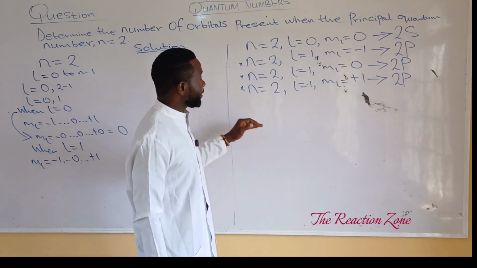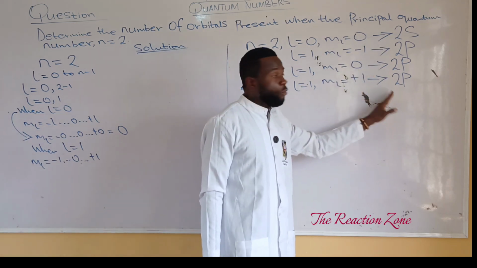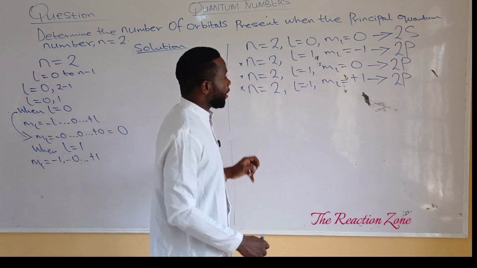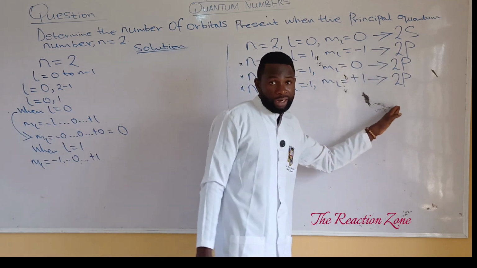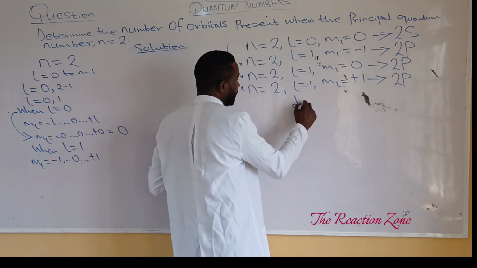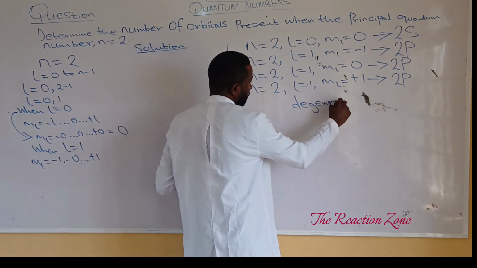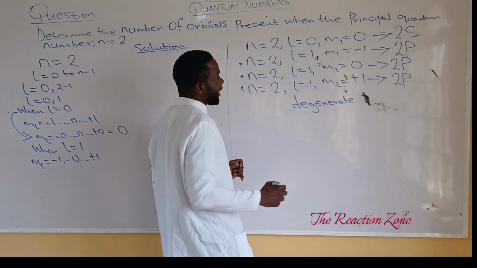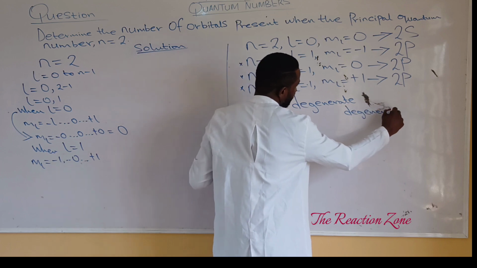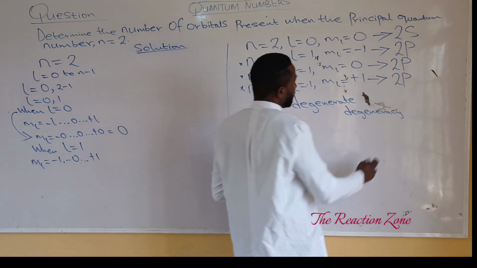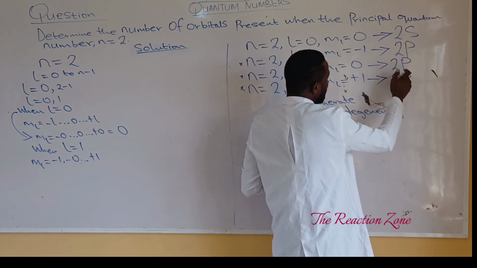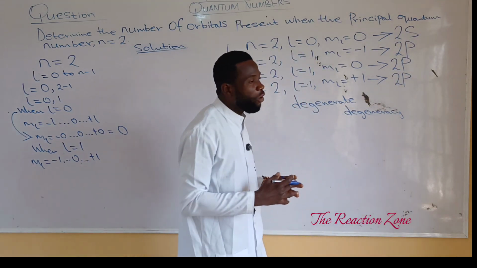What this means is that these three orbitals are orbitals that have equal energy. And orbitals that have equal energy are said to be degenerate. So the p orbital exhibits degeneracy. As a result, these three 2p orbitals here have equal energy.